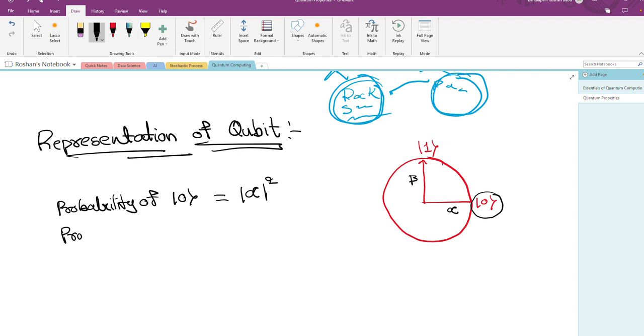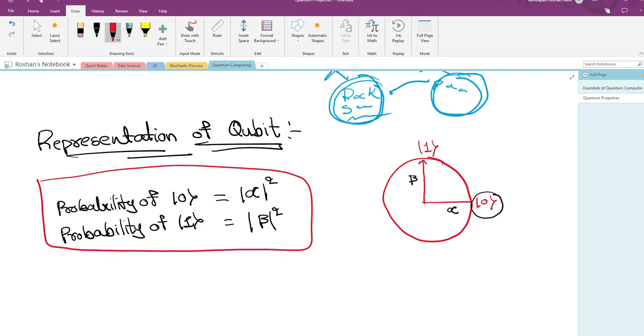Similarly, the probability of getting the excited state is mod beta square. These are the important formulas.